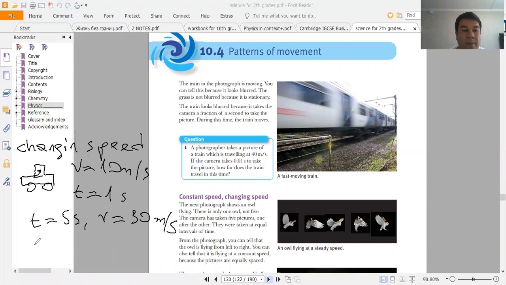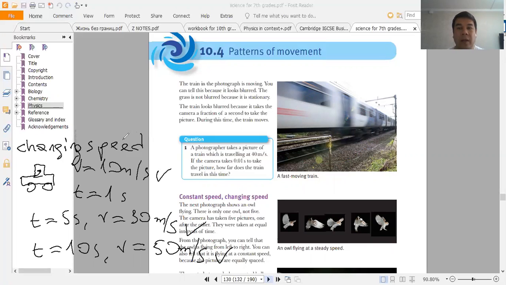Again I am checking: when the time is equal to 10 seconds, the velocity of the car is 50 meters per second. So each time you can see that the velocity of the car is changing. It was 10, then 30, and then 50. So you can see here the changing speed of a car.